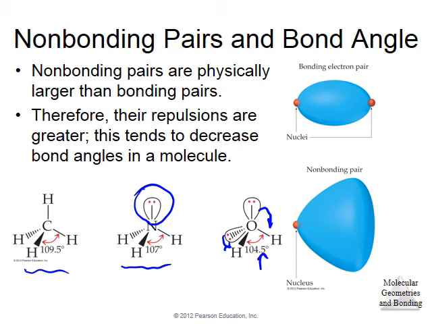If you just know that it's smaller than 109.5, that will be good enough. In case of ammonia, also the angle is not 109.5, it's 107 degrees, smaller than that because there is one non-bonding electron pair. 2 non-bonding pairs in case of water squeeze the angle even further from 109 to 104.5 degree.